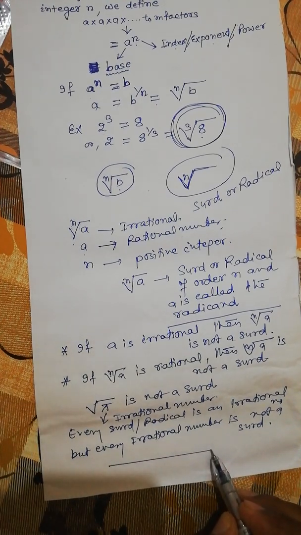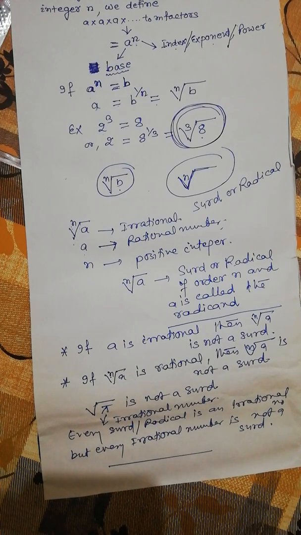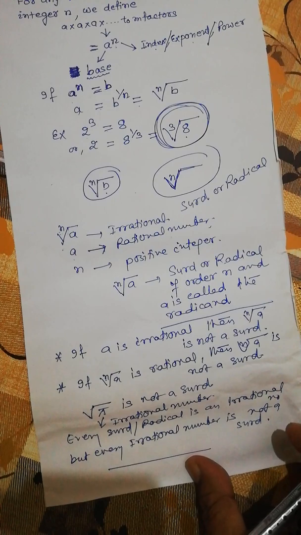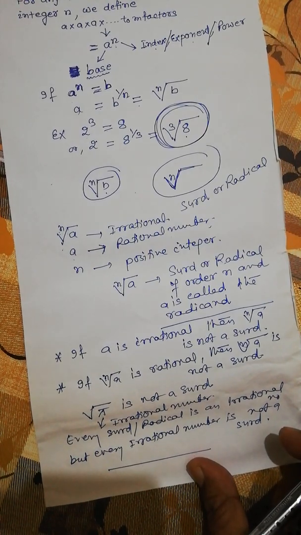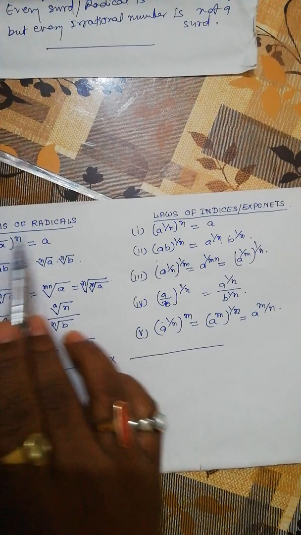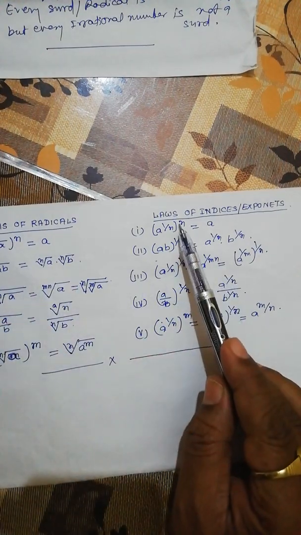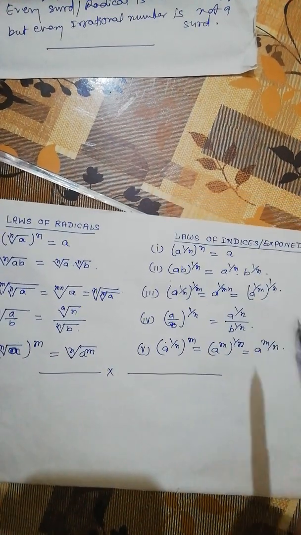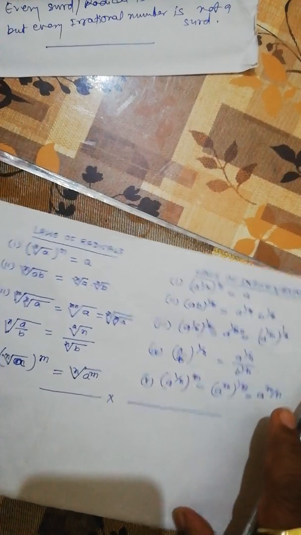Now, to learn exponents, we have to remember some laws. So let us remember some important laws. You come to this place. Now, this is laws of radicals, and here we have laws of exponents or laws of indices.